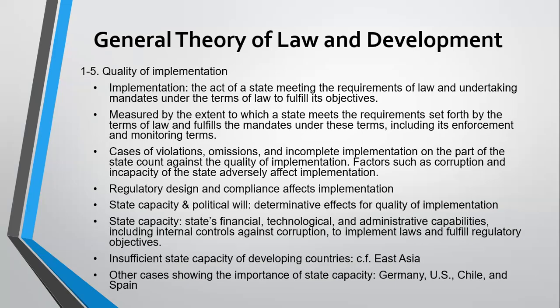Failure to identify effective beneficiary industries, failure to make timely grants, and providing grants to otherwise unqualified beneficiaries due to corruption, all of this will count against the quality of implementation. So factors such as corruption and incapacity of the state adversely affect implementation quality.